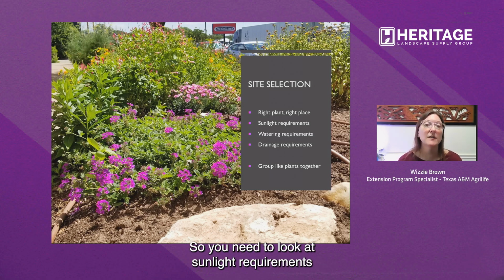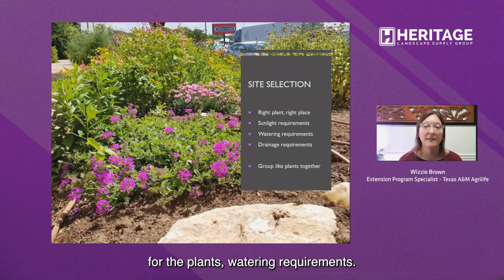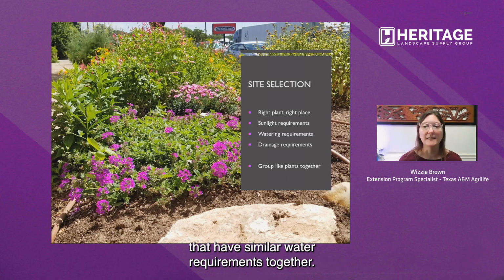So you need to look at sunlight requirements for the plants, watering requirements. And with watering requirements, we really want to try to plant plants that have similar water requirements together. That way, when you're watering in the landscape, you don't have to worry about switching things up.